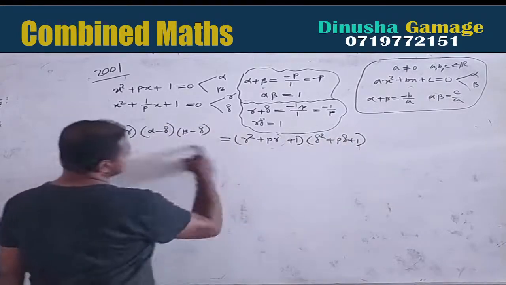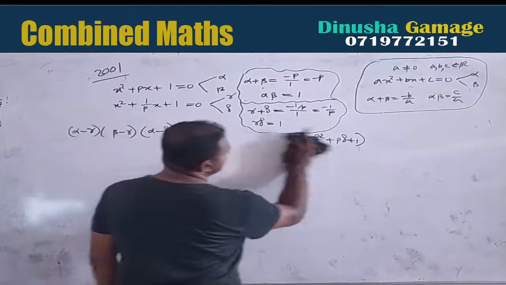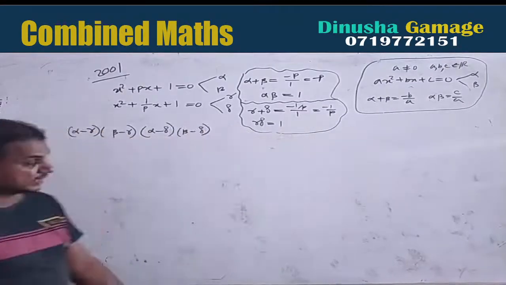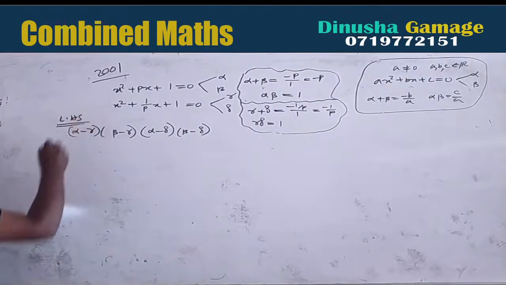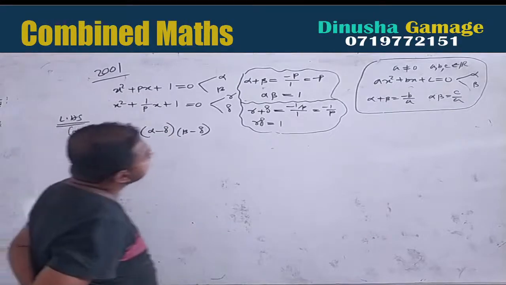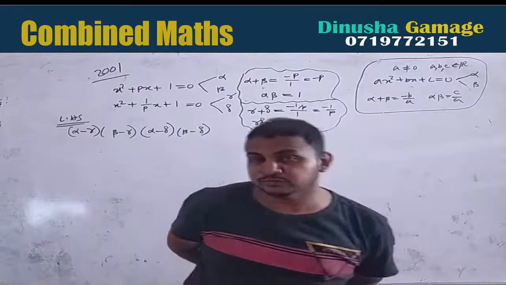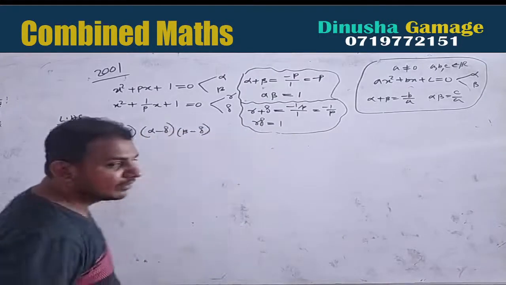You have to show that this simplification equals this, right? So let's take the left hand side of the given equation and try to get the right hand side by substituting the values we obtained previously for the addition and multiplication of the two roots.